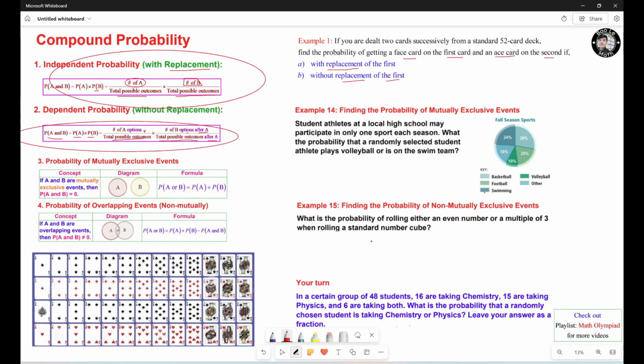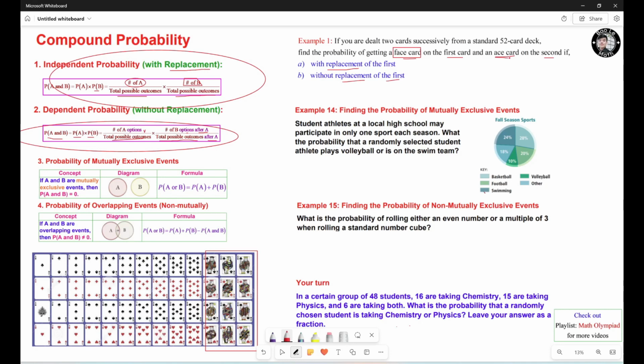Now first we need to understand what a face card is. We have 12 face cards: 4 jacks, 4 queens, 4 kings.